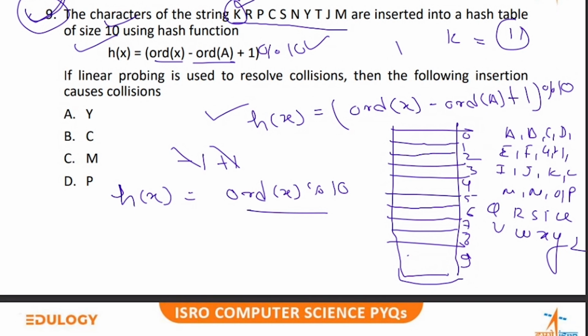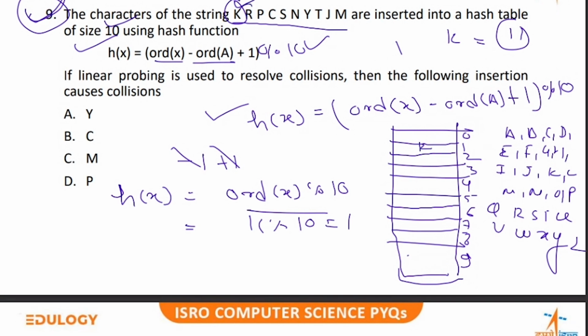You can simply see it from here. So the position of k is 11. Now 11 modulo 10 is 1. So your k will come at the first position.